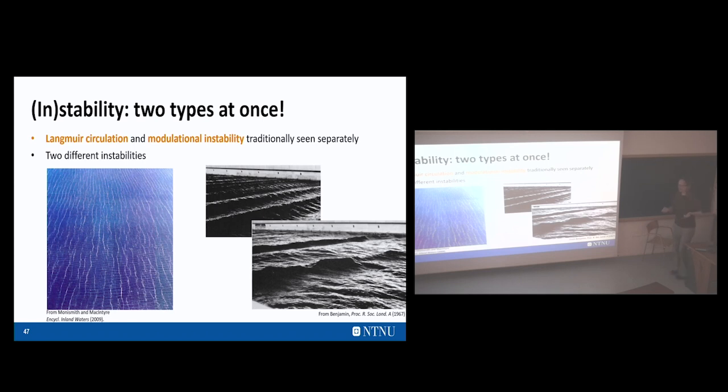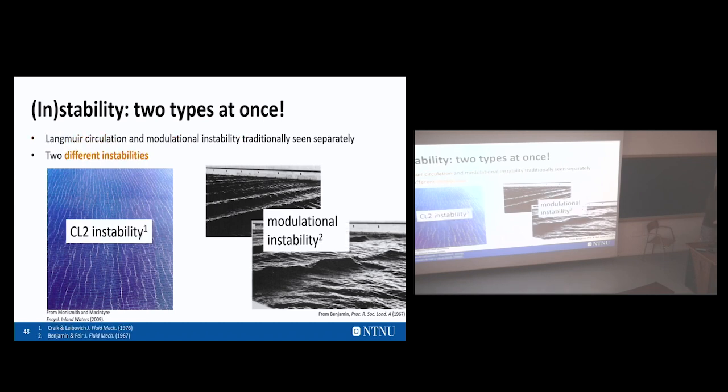Now there's a very recent paper that argues that actually Langmuir circulation and modulational instability should be considered together. They are usually considered two separate instabilities. These are famous pictures.